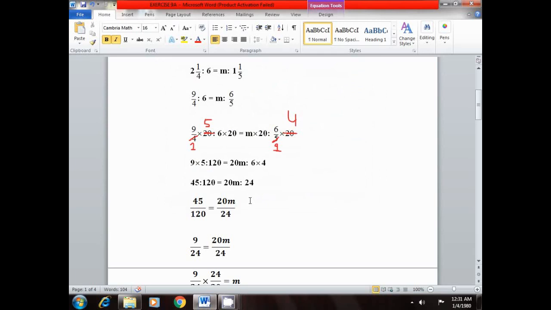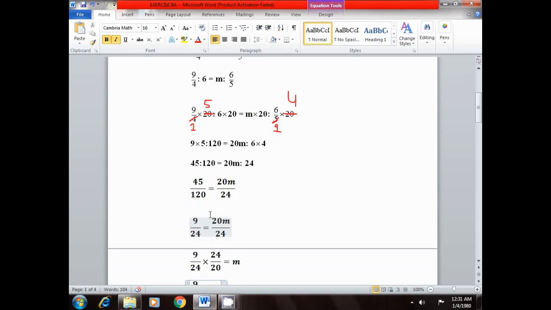Now let's convert this ratio into fraction form, because we know that we can express a ratio as a fraction, or we can write fractions in the form of ratios. So the first quantity 45 will be the numerator and the second quantity 120 the denominator, equals 20m divided by 24.